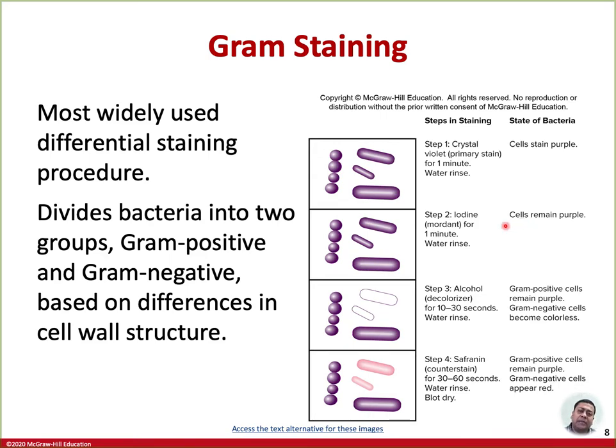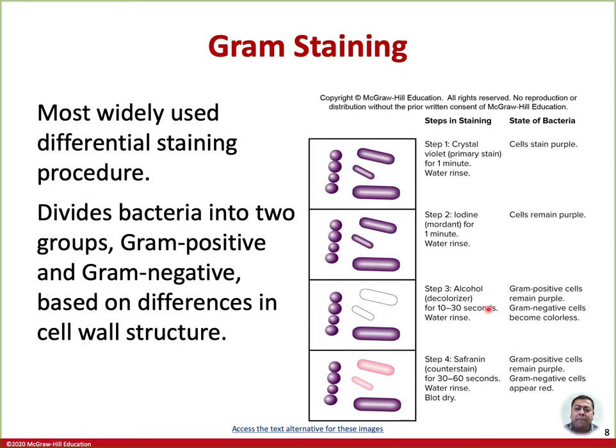Now, we rinse off the iodine, and in the third step we use 95% ethanol, which we call an alcohol decolorizer, and we destain. Again, the word is destain. We take the stain away with the alcohol decolorizer. We expose the cells to dripping alcohol for about 10 to 30 seconds, and after that we water rinse. Now what happens?